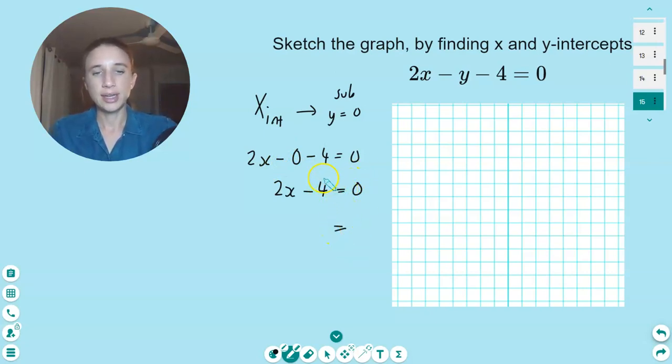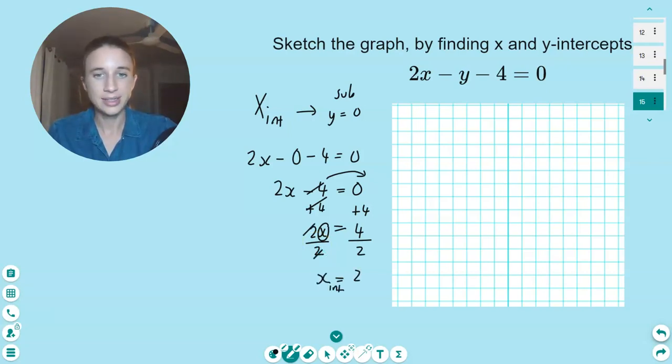And then I need to get my normal numbers over to the other side. How do I do that? I plus 4 on both sides. And so that will get rid of that. 2x equals 4. Need x on its own. Divide by 2 on both sides. That cancels. X is 2.